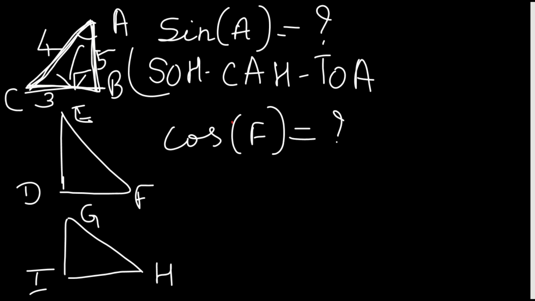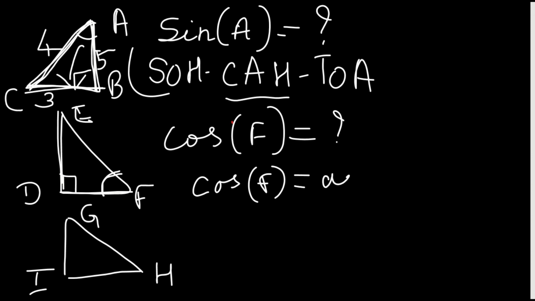So what is cos of F here? So we come to know from F that this is our angle that we are interested in. This is our right angle because obviously this is 90 degrees. So cos, what is cos? Cos is CAH, that is C. Cos of F is A, that is adjacent by hypotenuse.